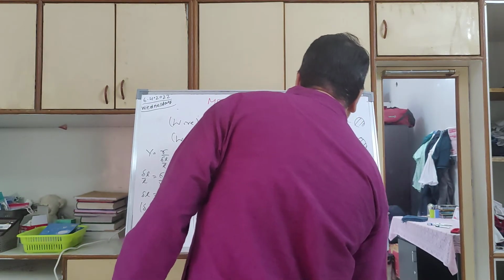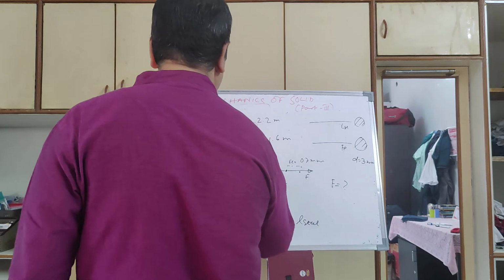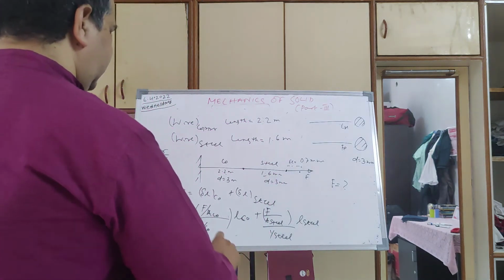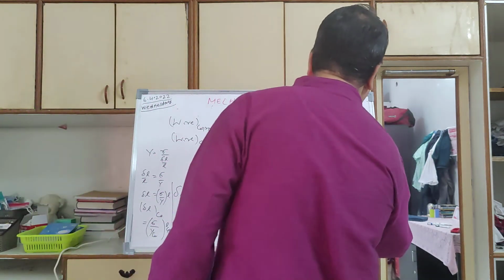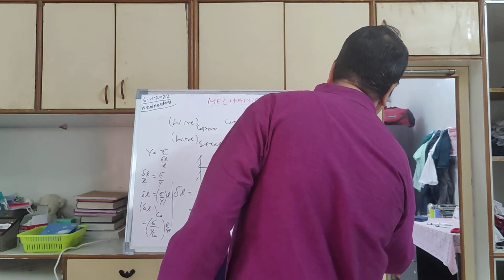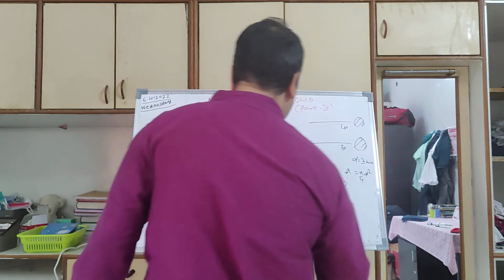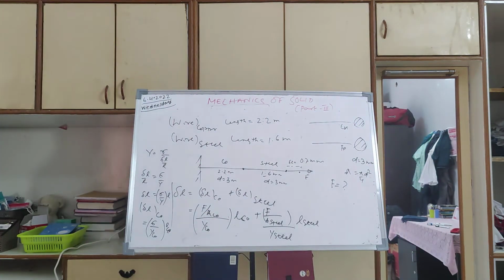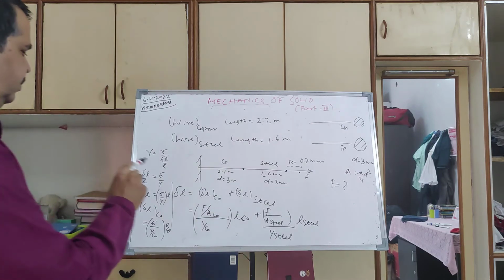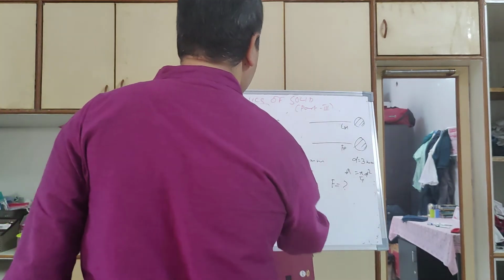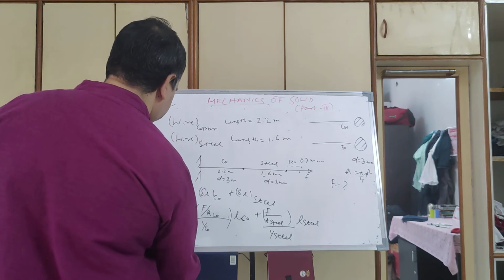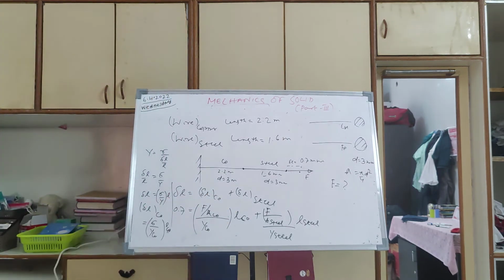Length of steel I know is 1.6, length of copper is 2.2. Area will be the same for both, pi by 4 d square. So you now know everything, only F you do not know. And you know delta L is equal to 0.7 mm, so be careful about the units.